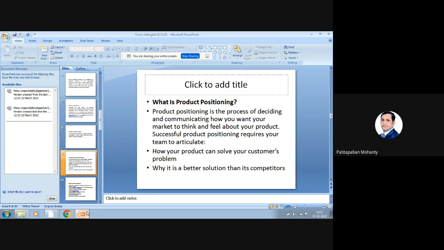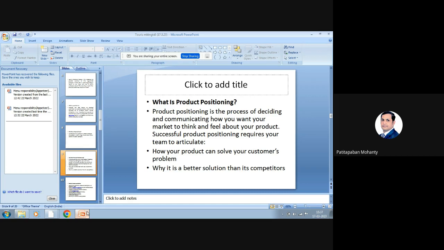So the researchers or the marketers create a feeling among the consumers about how that particular product can be positioned by adding some additional services or additional product, as in the previous chapter that I discussed.